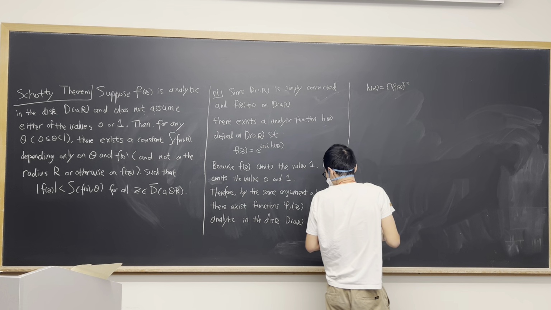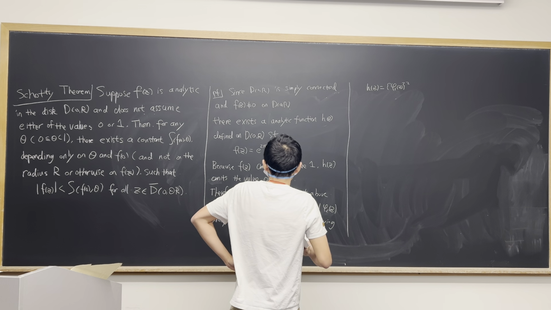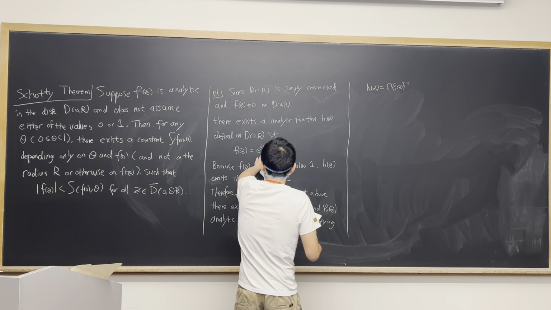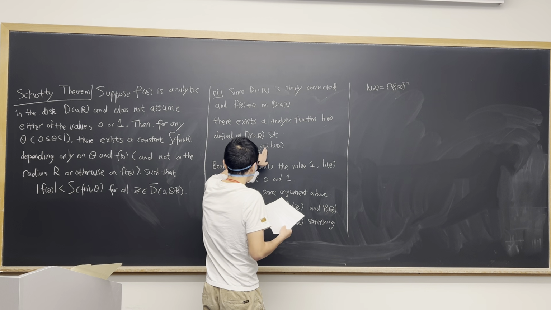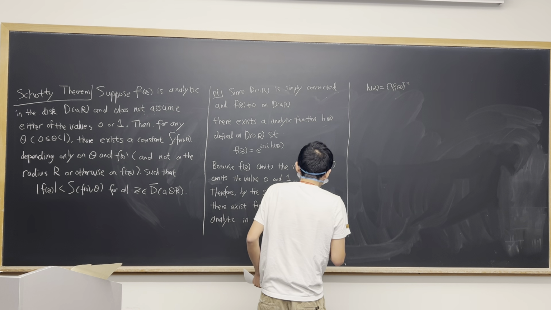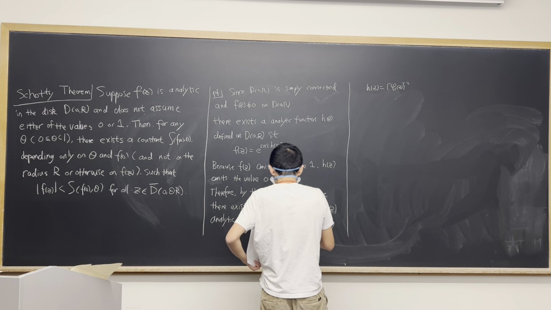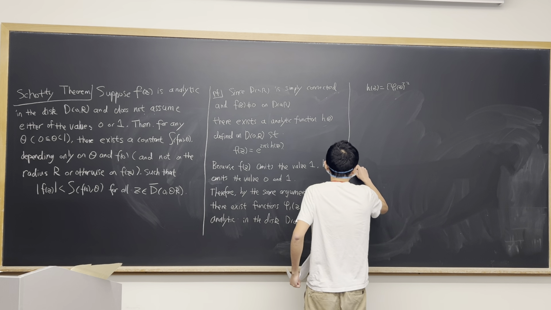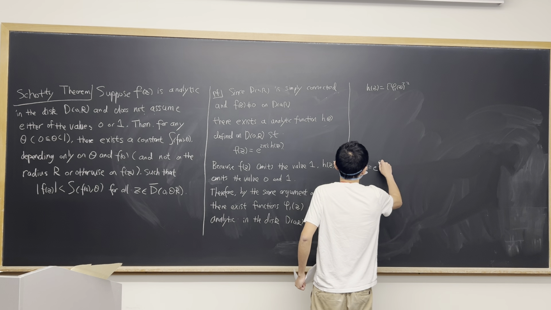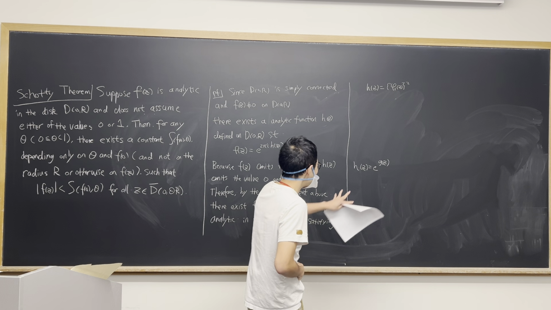Okay, so how do you do that technically? If you ignore this 2 pi i, we know that there exists a function such that h(z) is equal to e to the g(z), by our theorem.